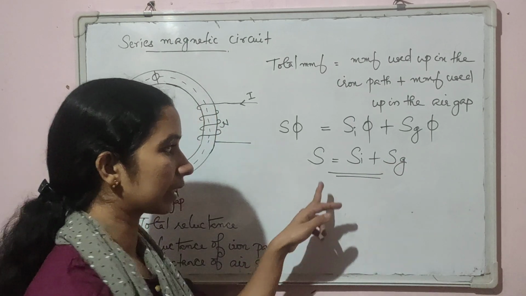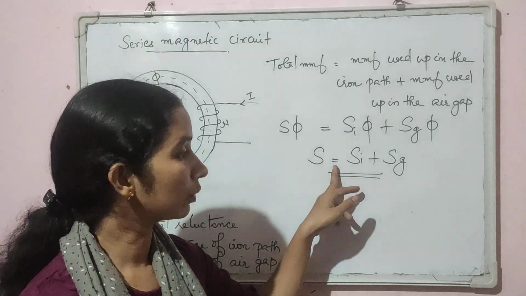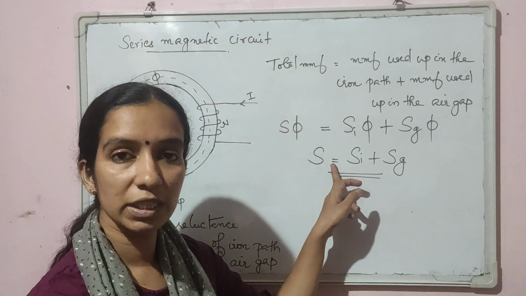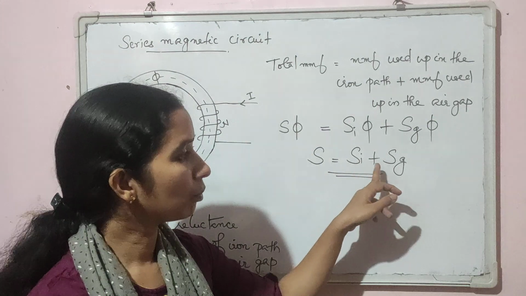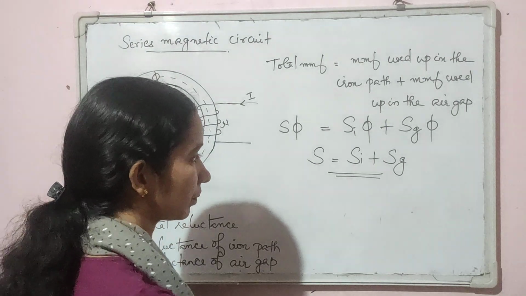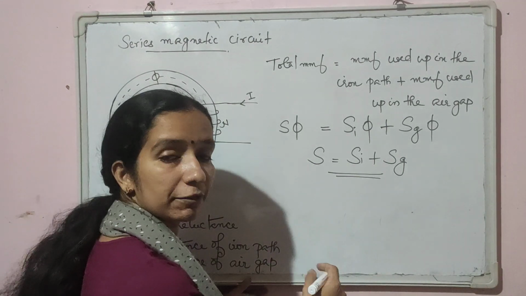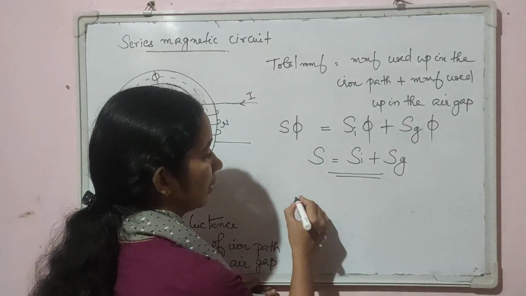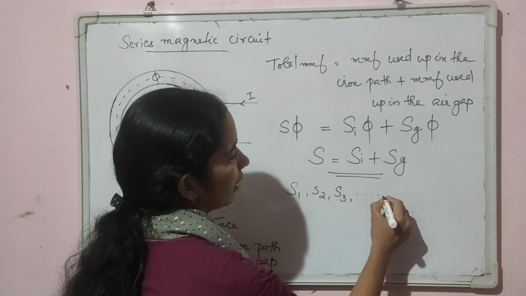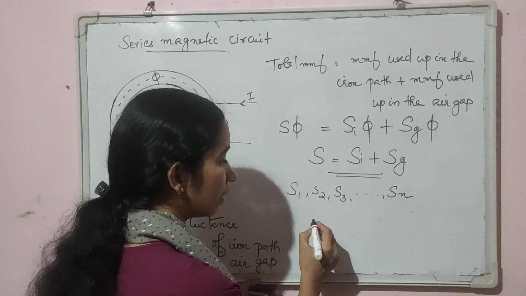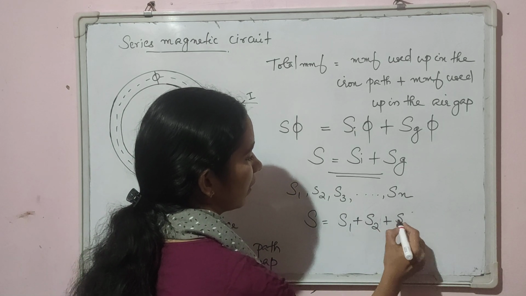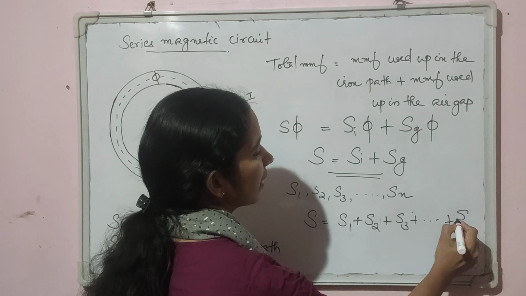In a series magnetic circuit, the total reluctance is equal to the sum of the reluctances of the individual magnetic materials. So if there are n reluctances, S1, S2, S3, up to Sn, connected in series, then the total reluctance S will be equal to S1 plus S2 plus S3 and so on, plus Sn.